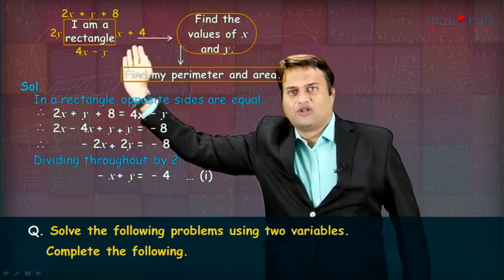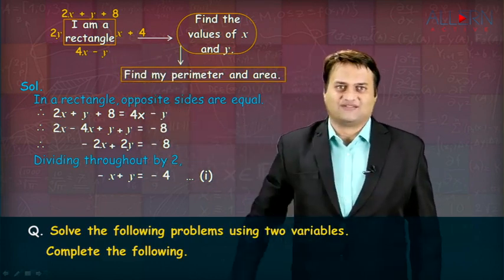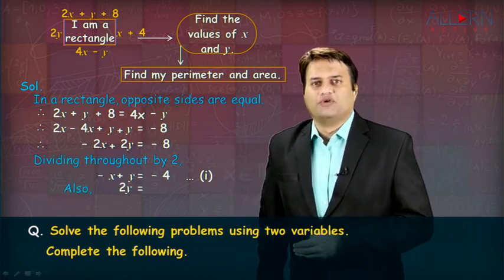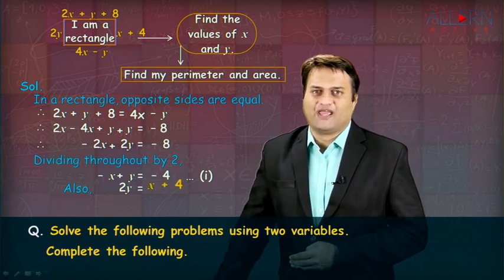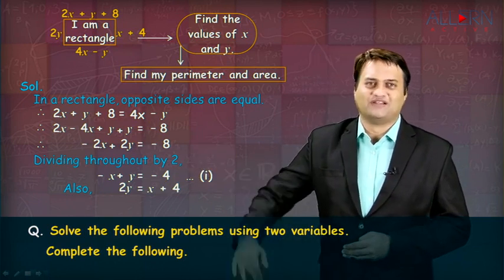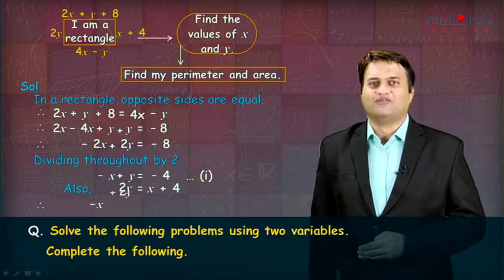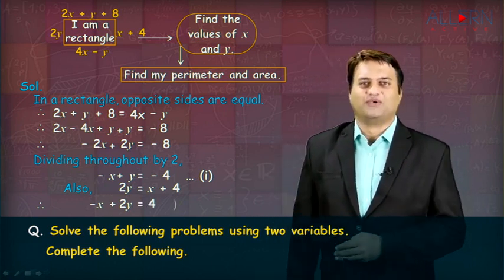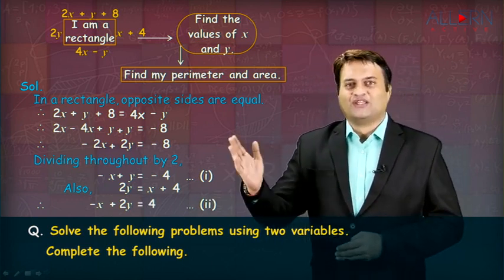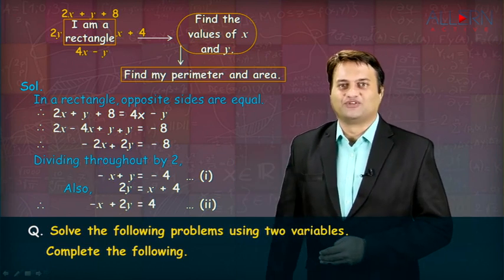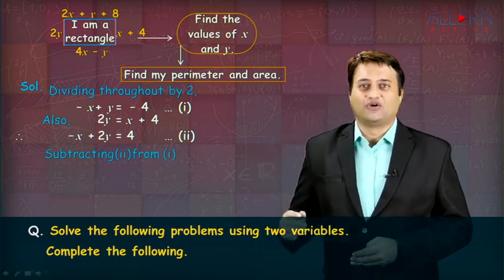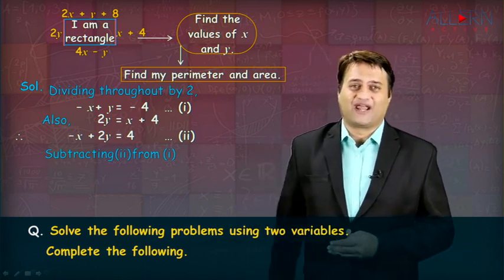The lengths are equal. Now consider the breadths, the other two sides which are equal. So let's do that. We get 2y is equal to x plus 4, variables on one side, constants on the other side. We get minus x plus 2y is equal to 4. Let this be the second equation. Now look at the 2 equations. The coefficients of x are already the same. So we can easily eliminate x, and because the signs are also the same, we are subtracting the 2 equations.